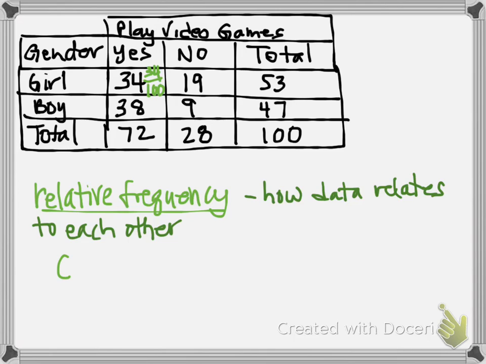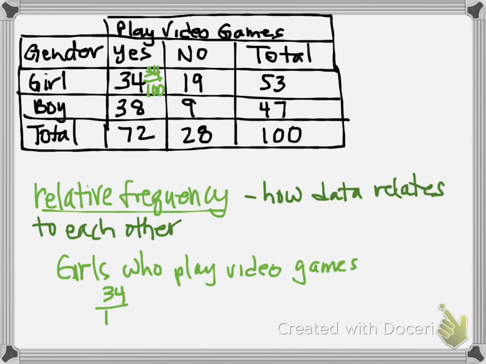So for the girls who play video games, we could say that 34 out of 100 play video games. We could change that answer to a decimal. What would that be? We'd say 0.34 of the girls surveyed played video games compared to everybody.